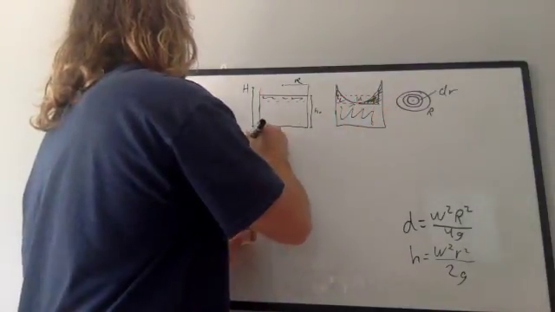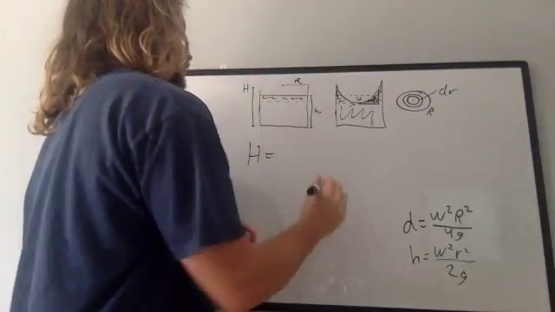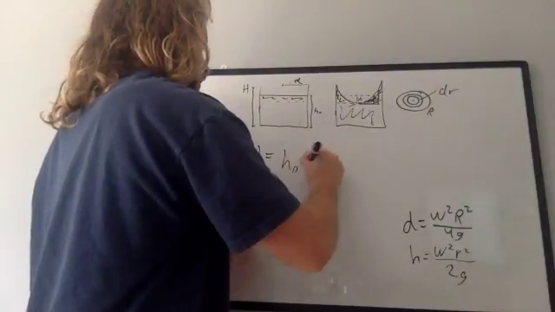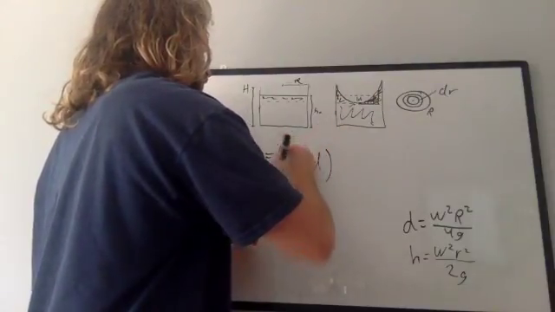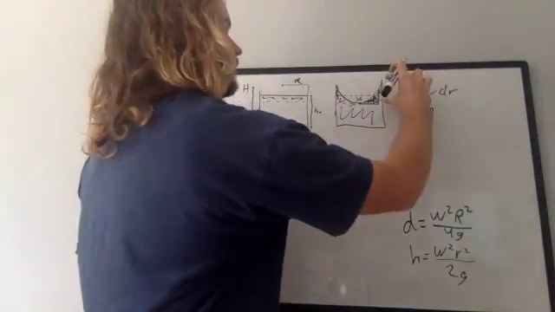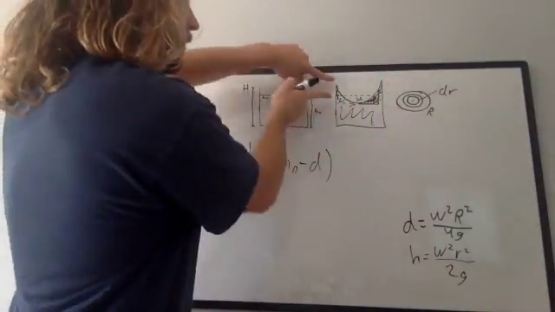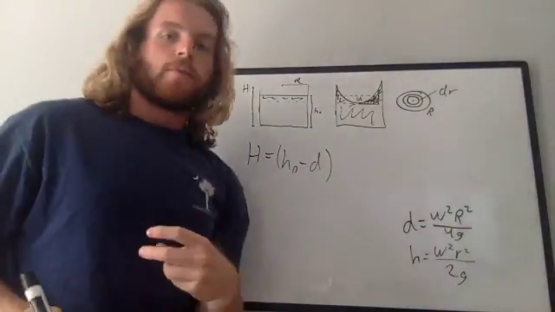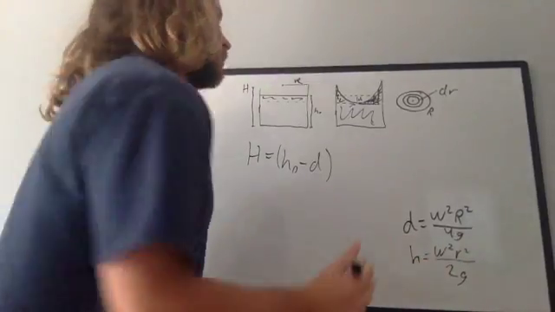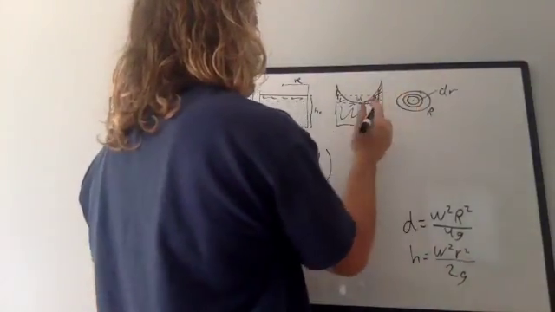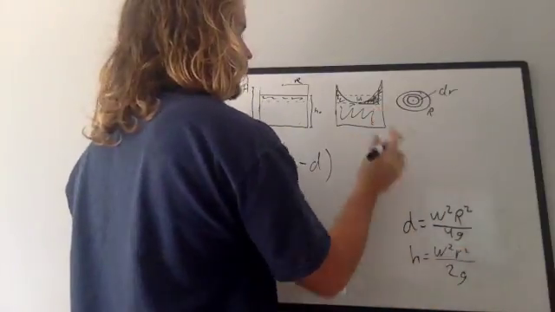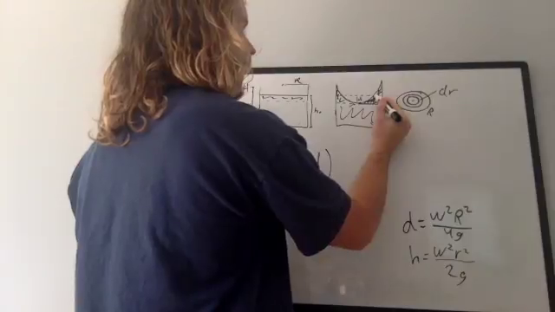So this big H is going to be equal to our H0 minus our depth. That is going to give us this height right here. And then to get the rest of this, right from here to here, all we have to do is find our height at our maximum radius of the cup, right? So earlier we were saying, we would pick this radius right here, and when we plug that radius into this equation, it would give us a height up to here.